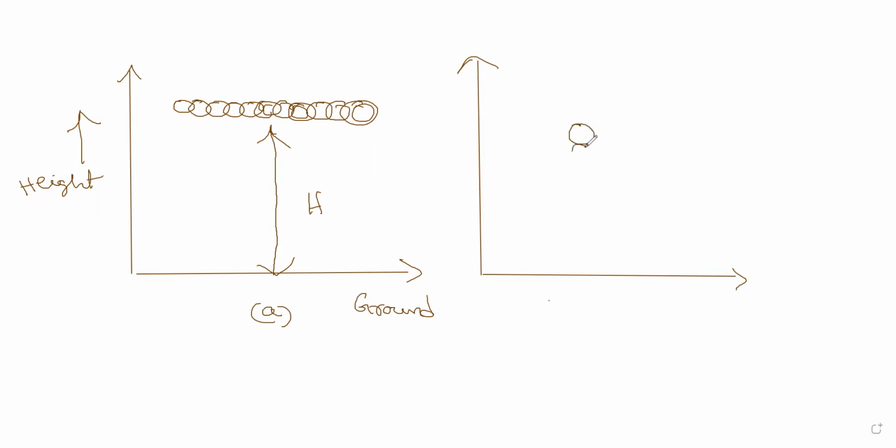So the chain this time, think about this problem carefully. This time the chain is standing on the ground like this. Initially the chain is standing on the ground. There's a case B. This is the level ground.